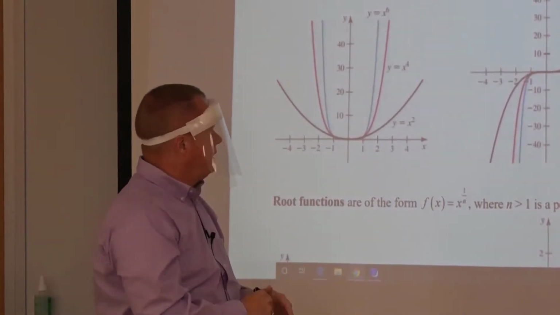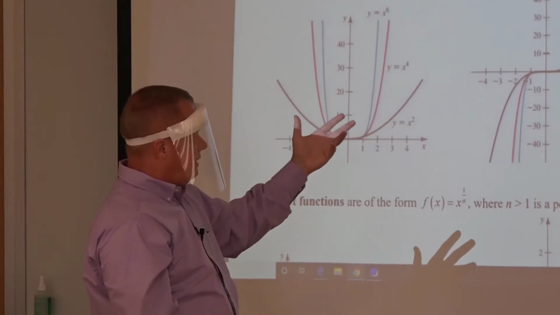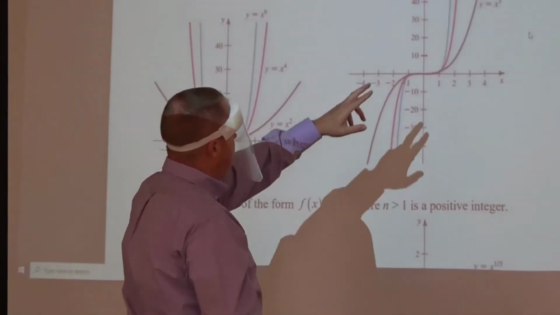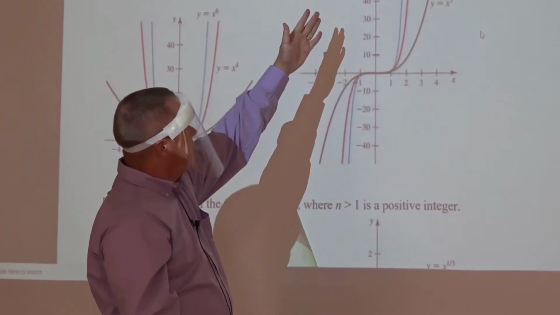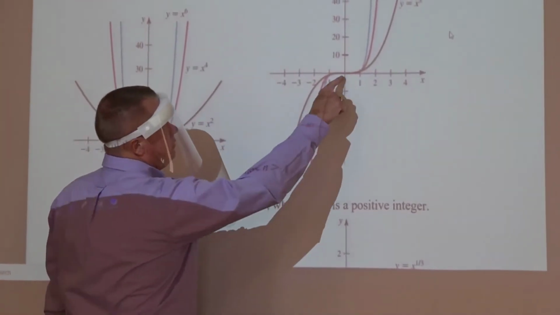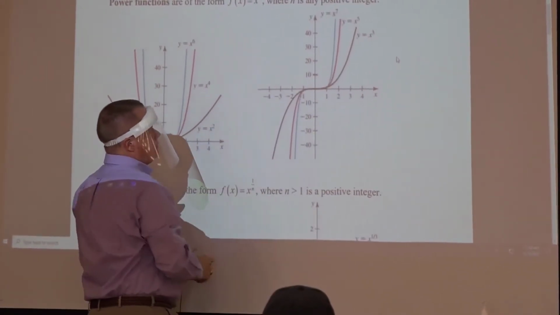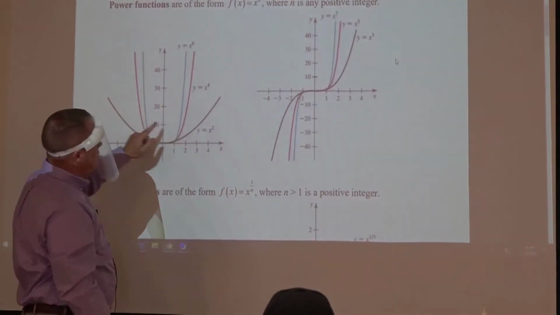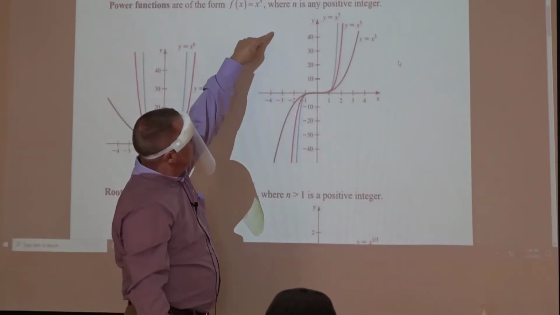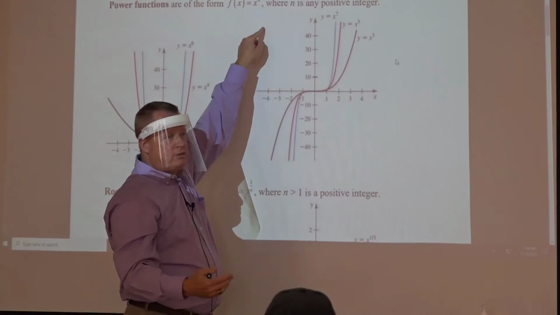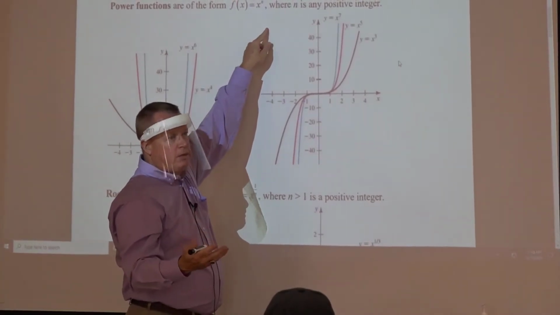If it is an odd exponent, like x cubed, x to the 5th, x to the 7th, then for x cubed, we go up like this, and this side, which would be up that way if it was an even power, because when you put a negative number in there and square it or fourth it, it's a positive.